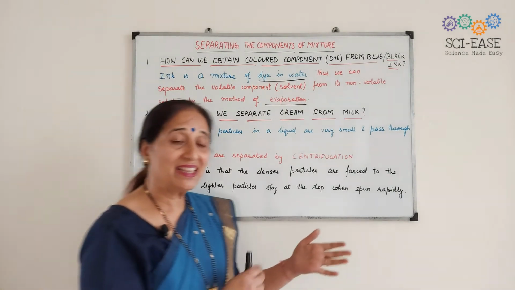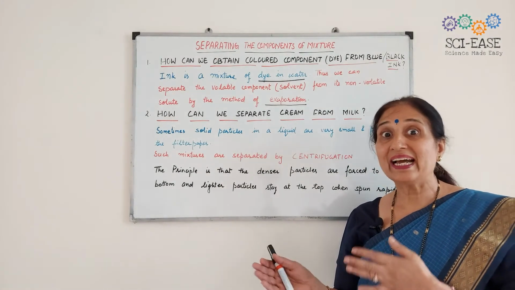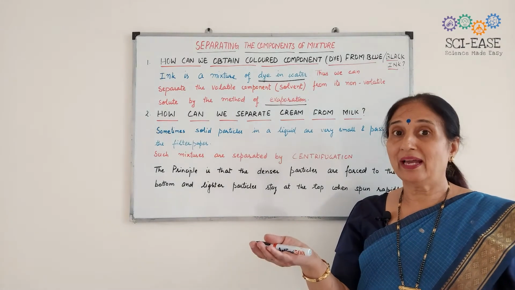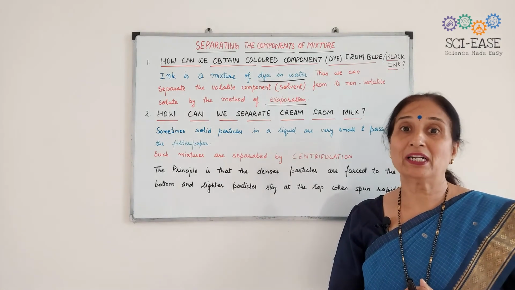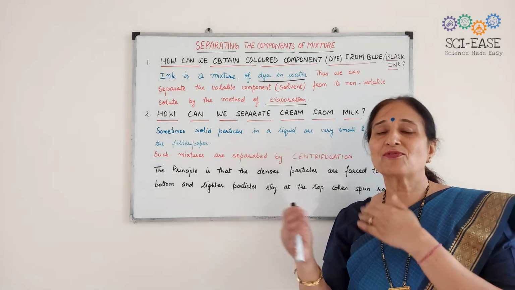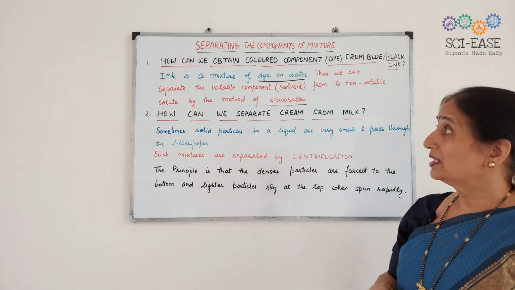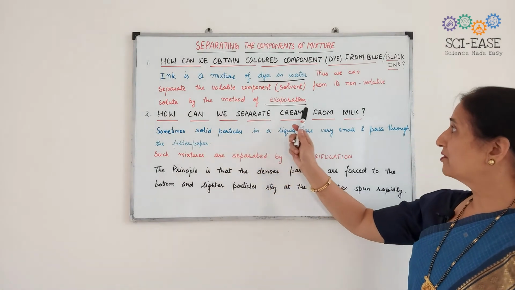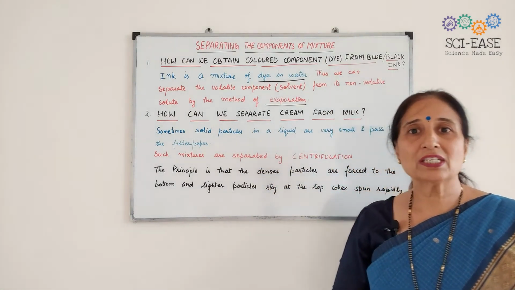You can see this by visiting a dairy. There also you can inquire from them how they separate butter from the milk or how they form cheese from the milk. So this is one of the very important methods to separate cream from the milk. What is the application of this method?